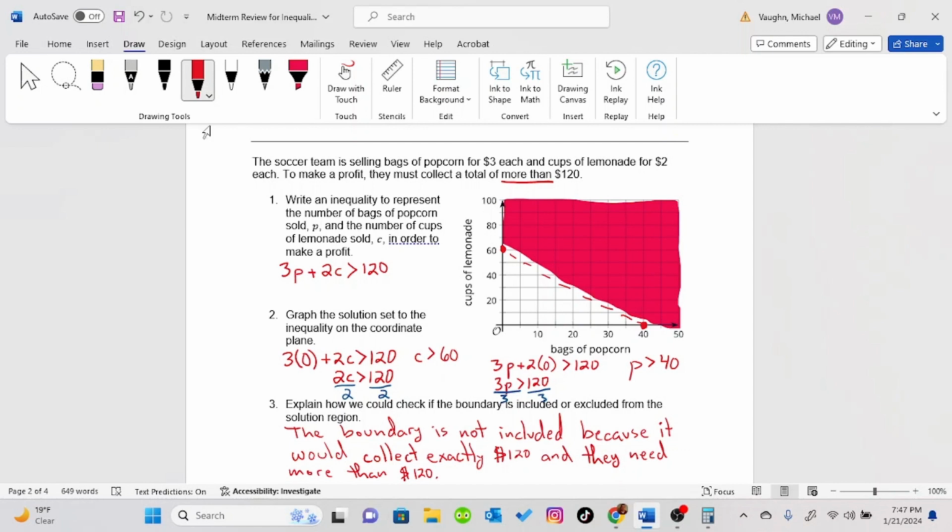So anything in the red shaded region gives them a profit by making more than $120. Anything on the boundary line would give them no profit because they would break even by earning exactly $120, and anything in the unshaded region would make them lose money because they would not make $120. They would make less than $120.